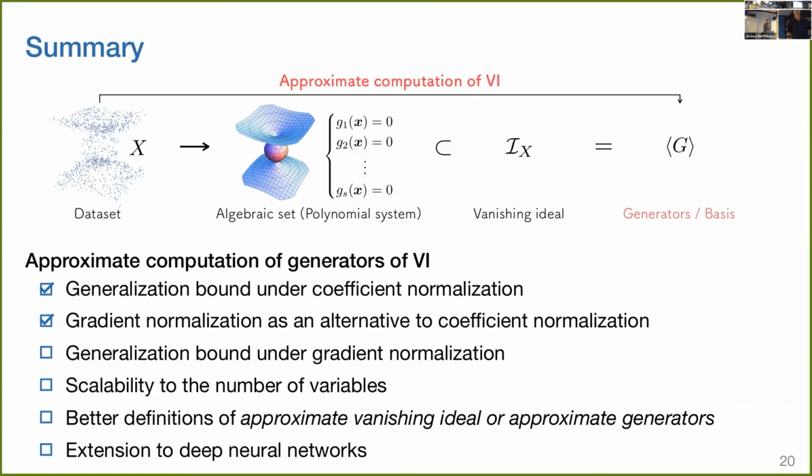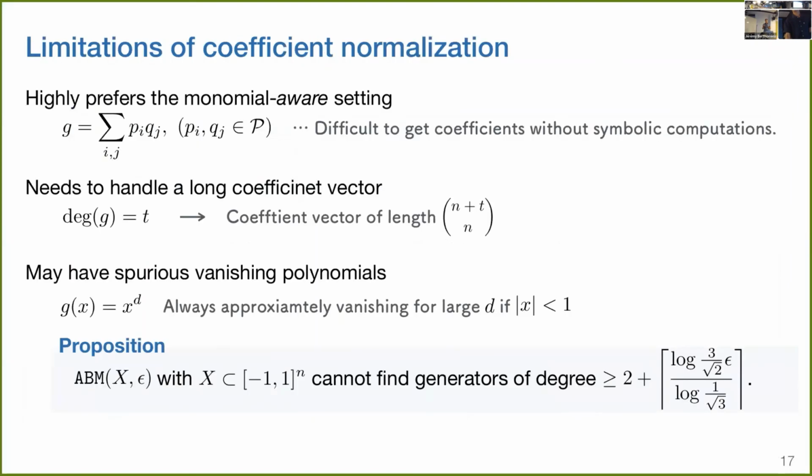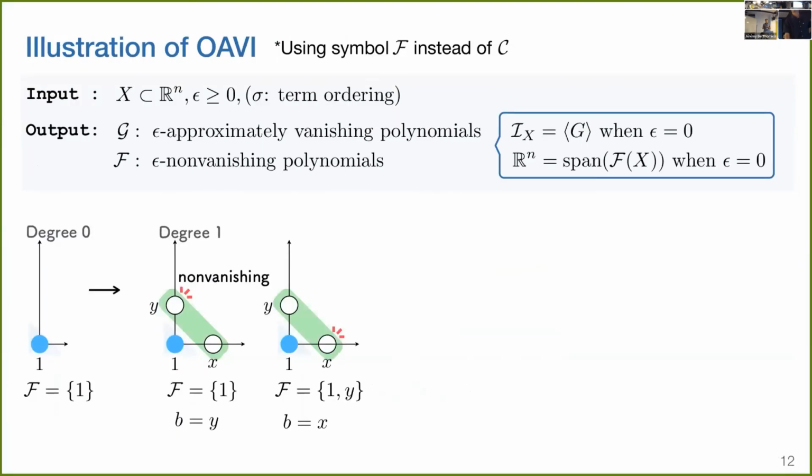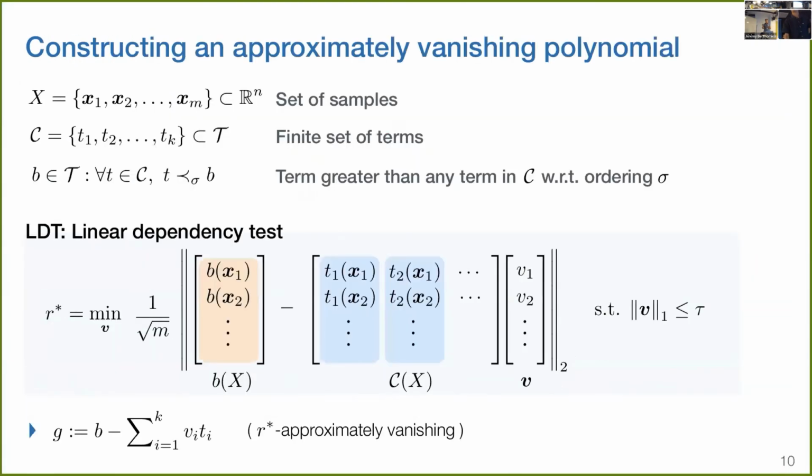What would your approach give here? One would expect to get one point in the vanishing ideal, which is this mean point. How does it work in this case? Does it work well, or what do you obtain?